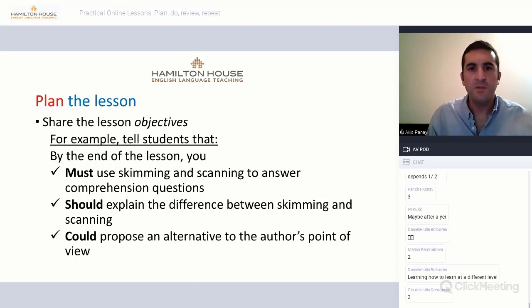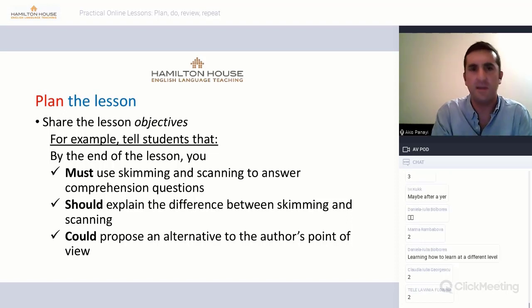Now, you see the level of challenge increases as we go from must to should, and then from should to could. Must is something that all students in the online classroom must do and must be able to do. Use the reading skills of skimming and scanning to answer the questions.